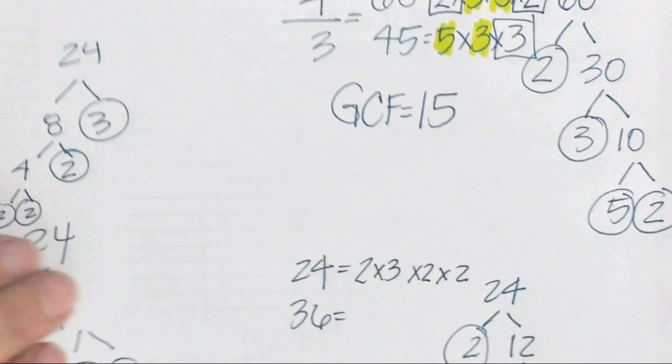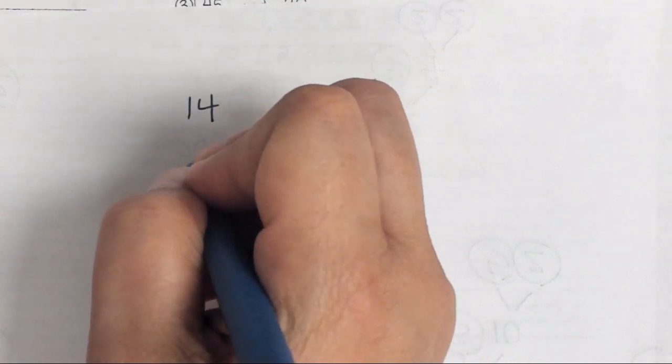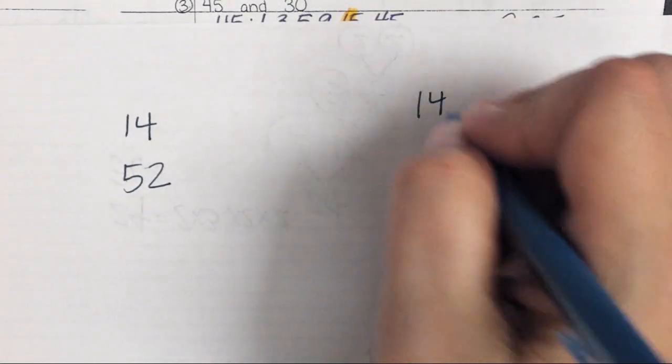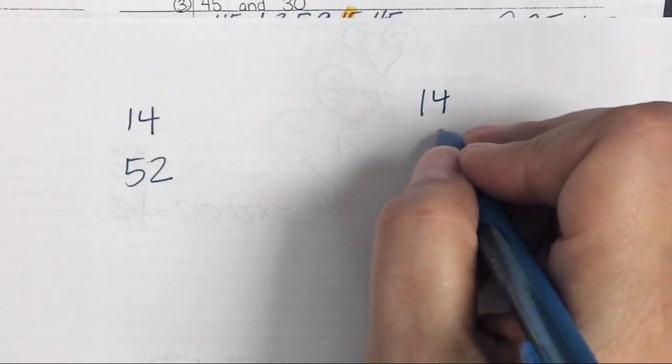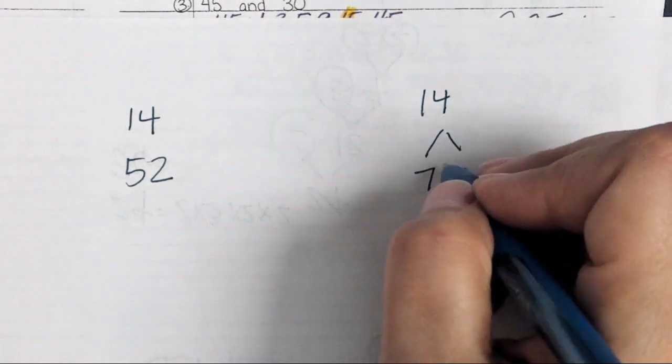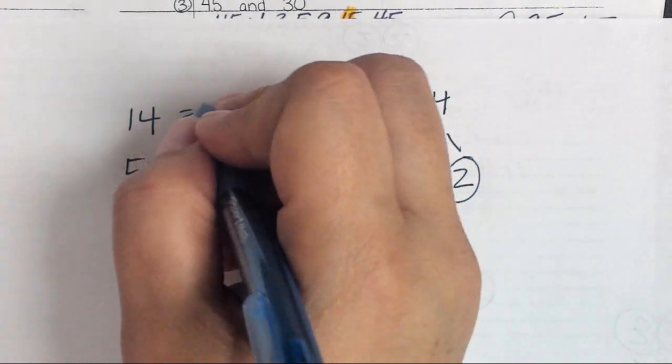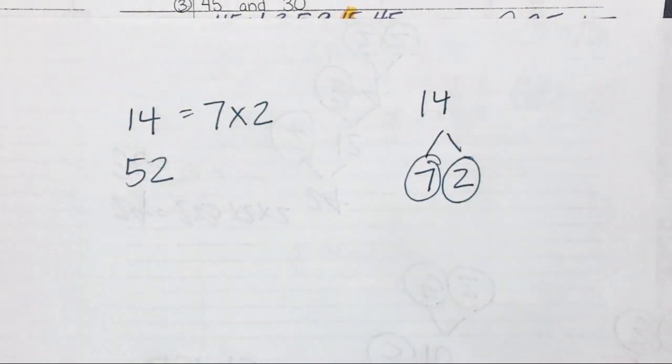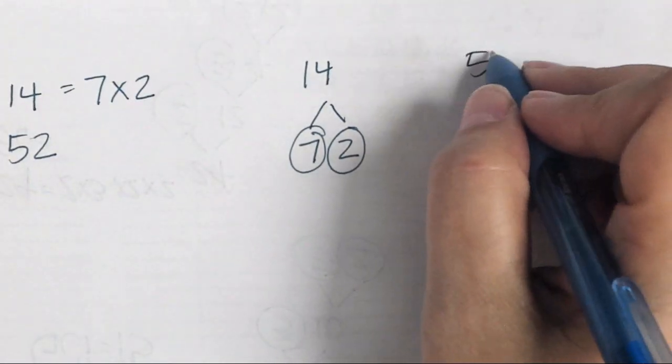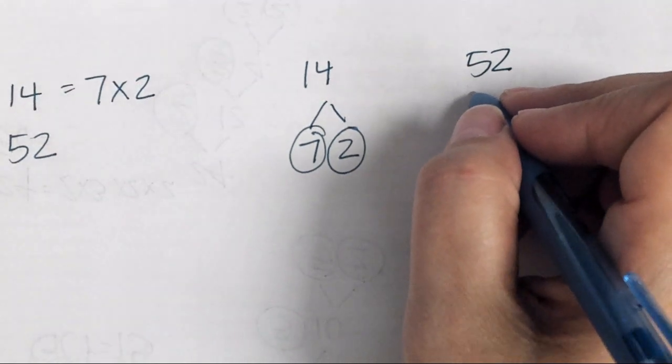Let me show you. All right, let's try this one, okay? And this is not on your paper. This is just for example. Let's do 14 and 52. So let's break apart 14. 2 and 7. They're both prime. So 7 times 2. That's it. All right, what about 52?